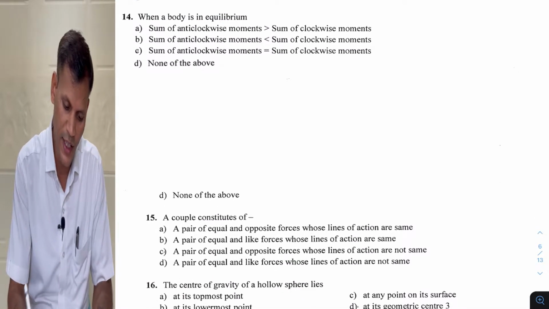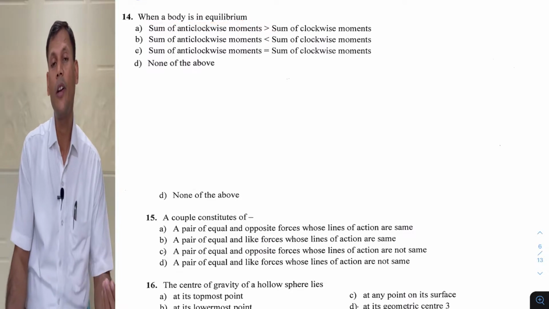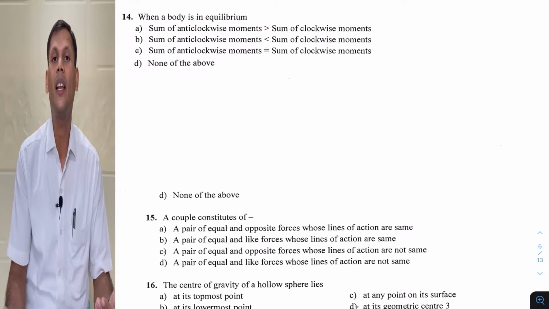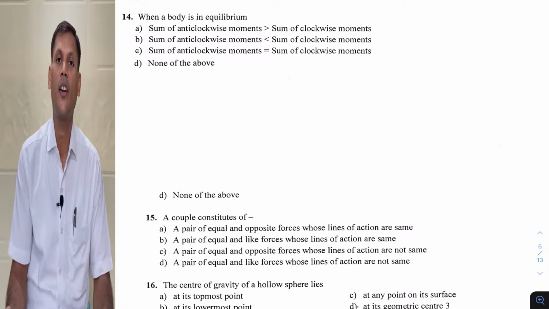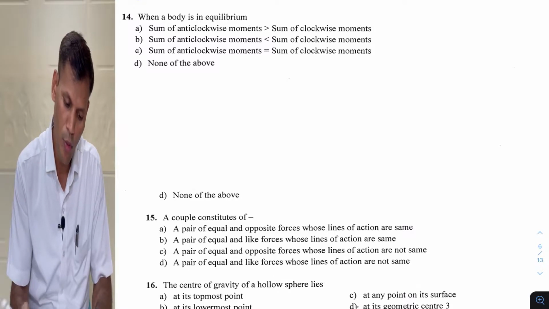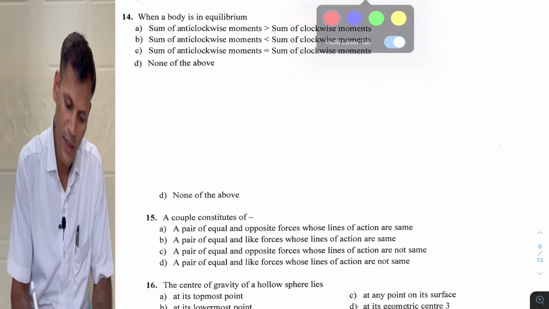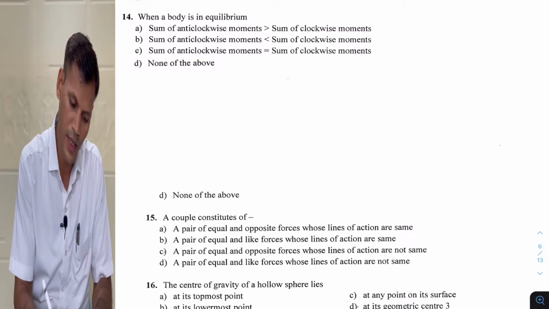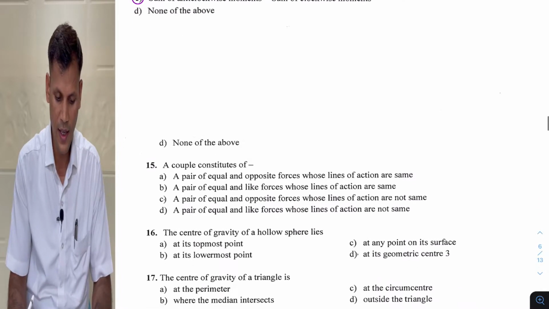When a body is at equilibrium, according to the principle of moments we have already studied, total clockwise moment is equal to total anti-clockwise moment. So here it is given the sum of anti-clockwise moments is equal to the sum of clockwise moments. That is, C is the correct option.